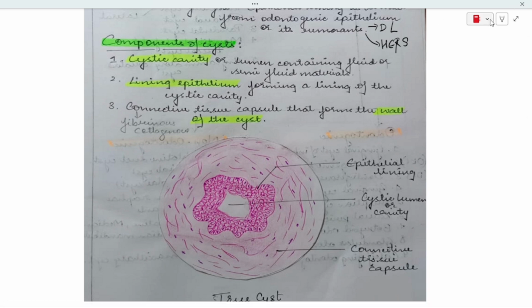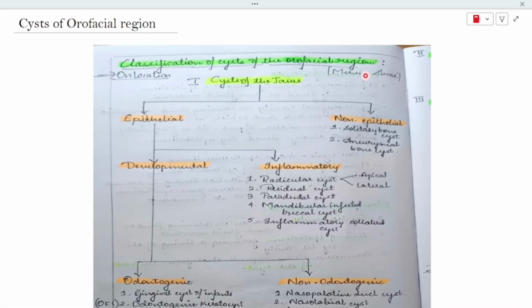We'll next move to the classification of cysts. This is given by Mervyn Schaefer. I feel this classification is easy to understand and also to remember, not all but the major cysts. Based on location, these cysts can be classified.